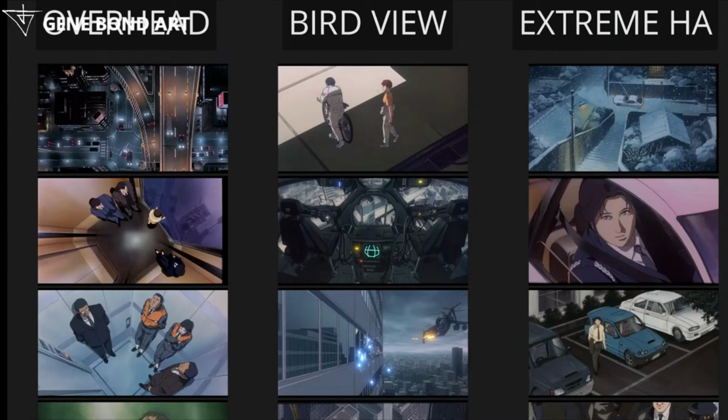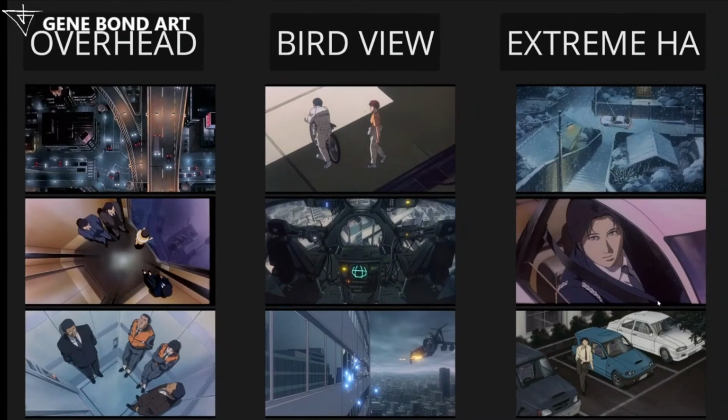Here, the approach I want to recommend is to make studies from your favorite artworks, like movies, anime, comic books, whatever. You don't just practice perspective by itself, or objects and composition separately.